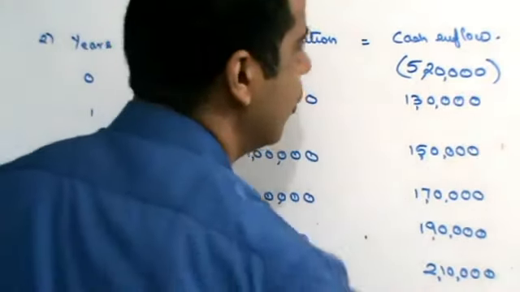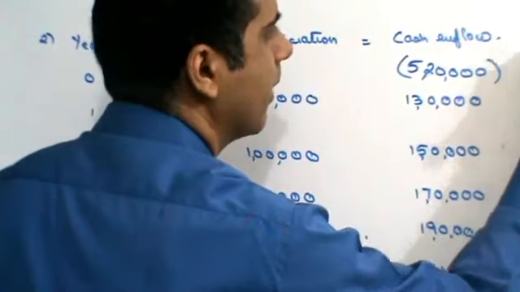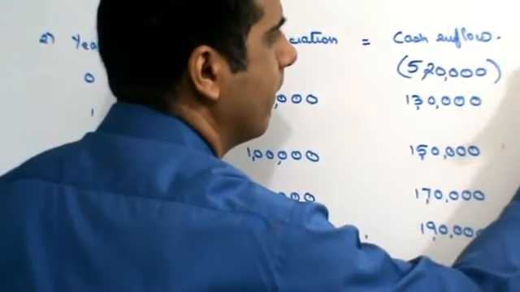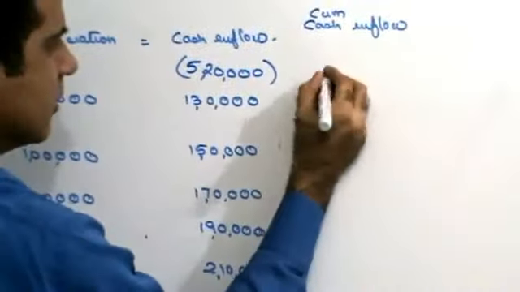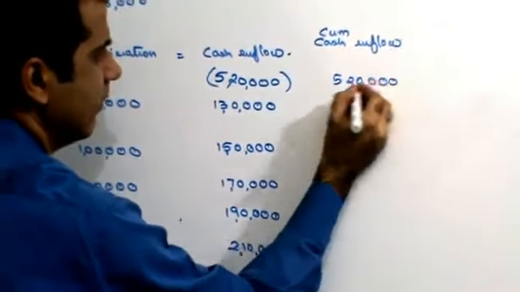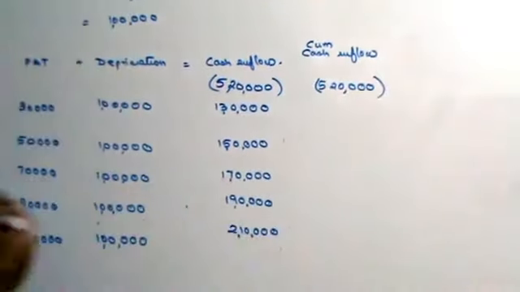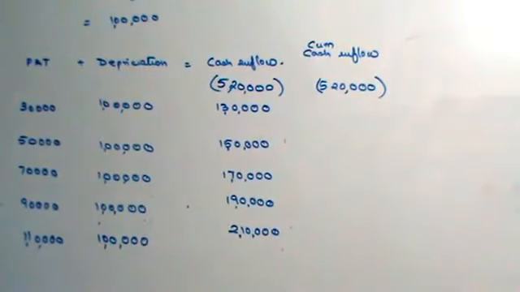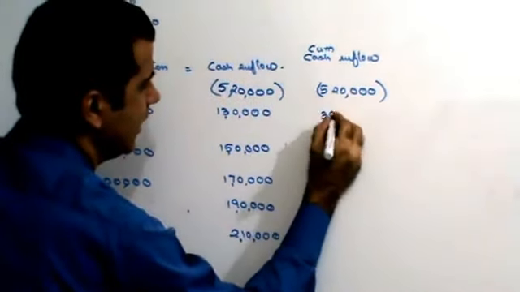Now, you find your cumulative cash inflow. So this is 5,20,000 negative plus 130, 520, 420, 390.